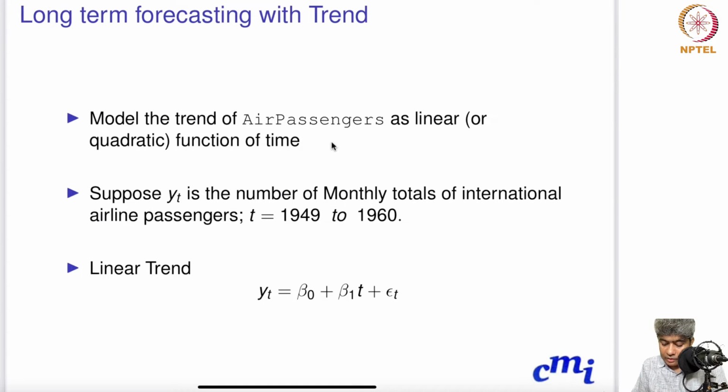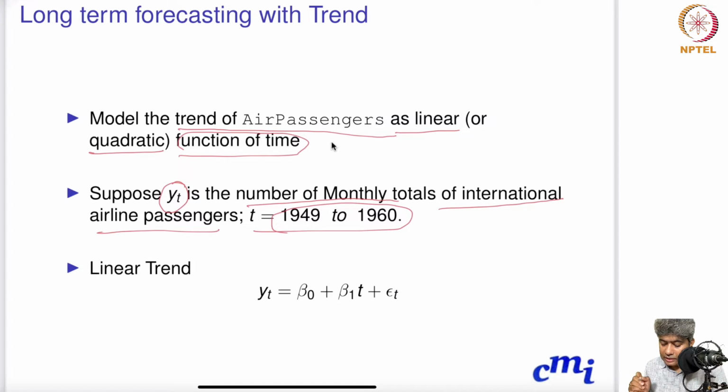The first thing is to model the trend of the AirPassengers data. First we will try maybe a linear or quadratic function of time. Suppose Y_t is the monthly total of international airline passengers, and t runs from 1949 to 1960.